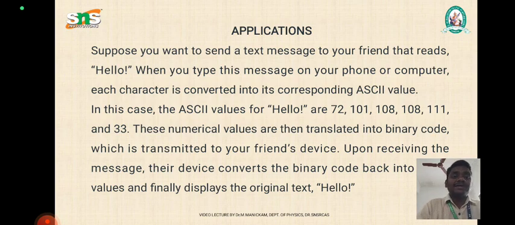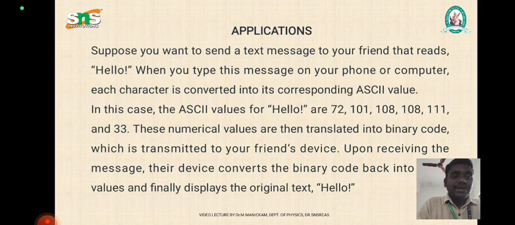In this case the ASCII values for hello are 72 for H, 101 for E, 108 for L, another 108 for the second L, and 111 for O, and 33 for the exclamation mark. So this is all for hello.